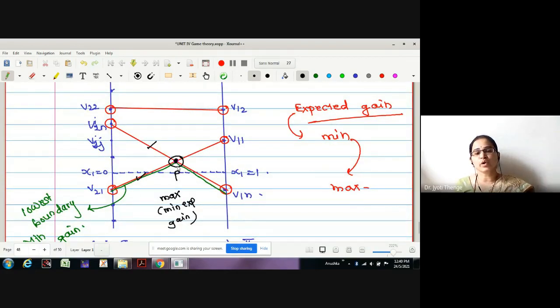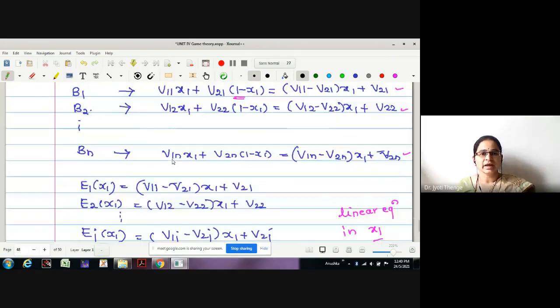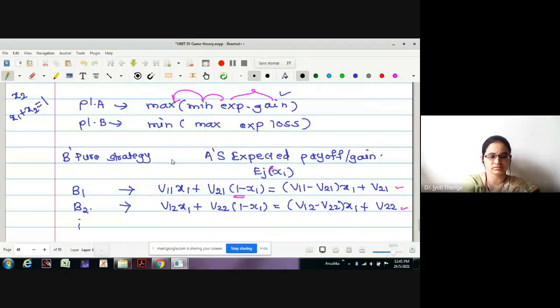The lowest boundary gives the minimum expected gains, and the highest point among the minimum expected gains is our maximin point. Similarly, we can solve 2 by n games and m by 2 games. Is that okay? Any difficulty in this?